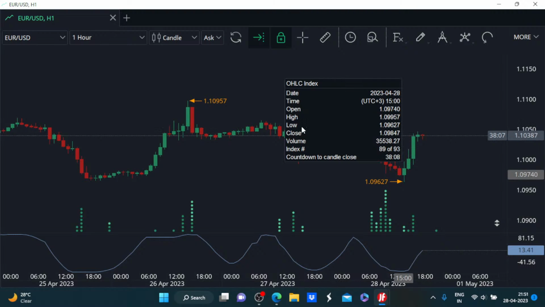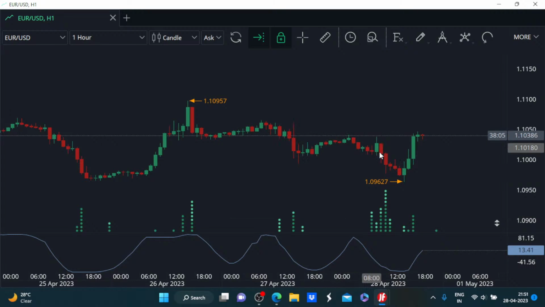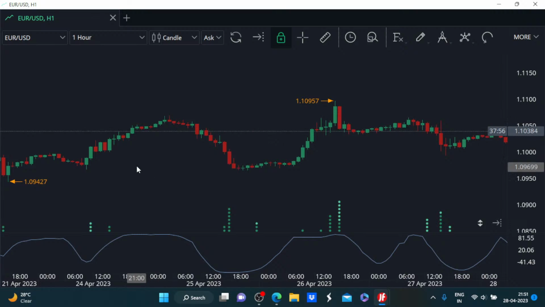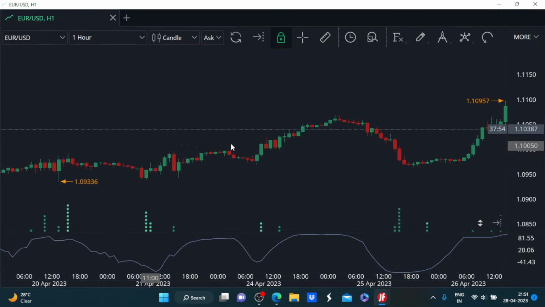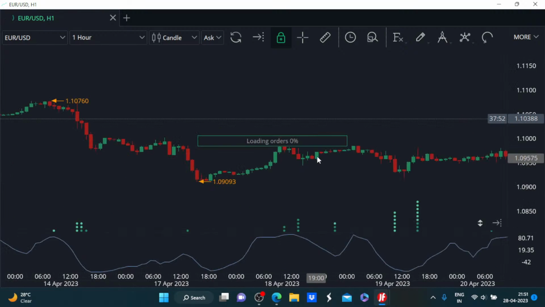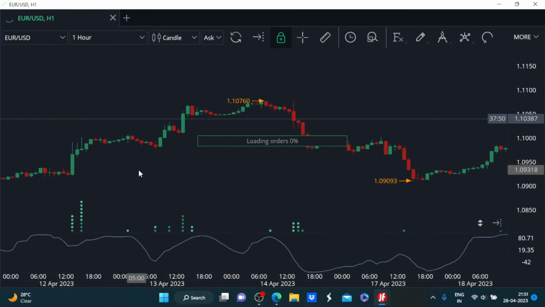The closing value was much lower than the prior value, so we had this RCI trading closer to its lower bound limit of minus 100. So we have this indicator which is going to give us a good idea of how things are unfolding and how strong the current move is.